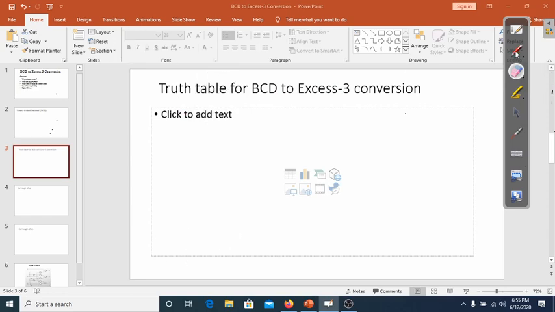So let me construct the truth table for BCD to Excess-3 code.